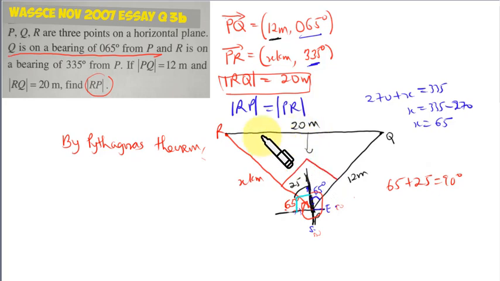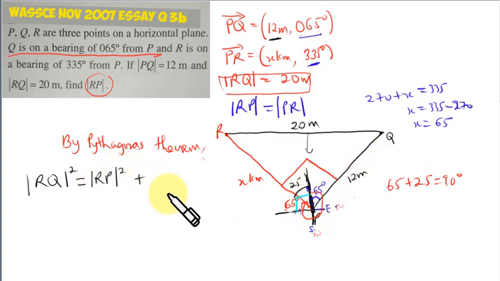In this diagram, the hypotenuse is the side RQ or QR, so I'm going to write RQ squared is equal to the side RP squared plus the side PQ or QP squared.